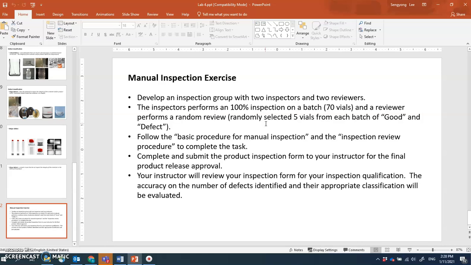Hopefully there will be an inspector and reviewer within your group, or a couple of inspectors and a couple of reviewers, depending on how you divide your group. Because we have two drug vial batches in our lab, each group will inspect one batch, about 70 vials, and identify all defects.